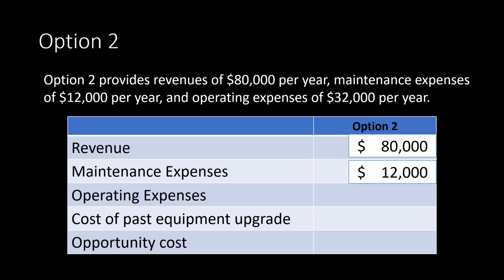The maintenance expenses are $12,000 and the operating expenses $32,000. The cost of the past equipment upgrade is not included, and the opportunity cost is also not included.